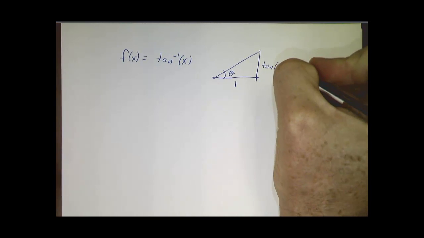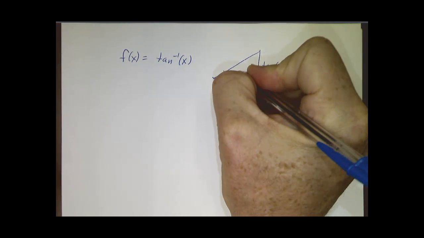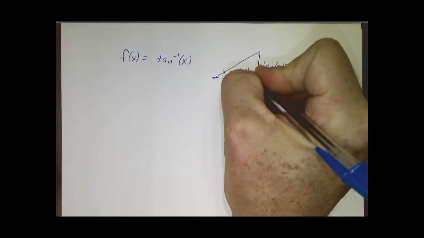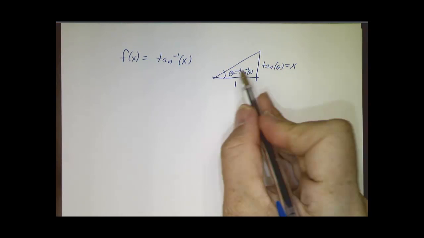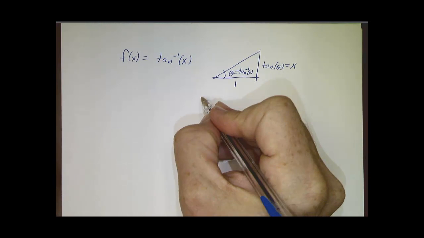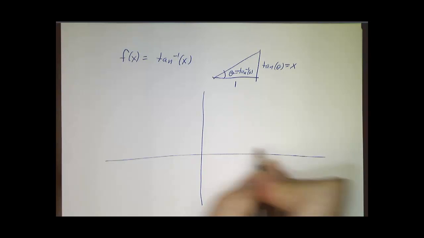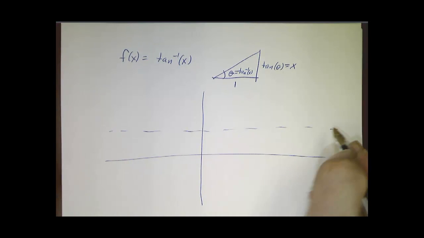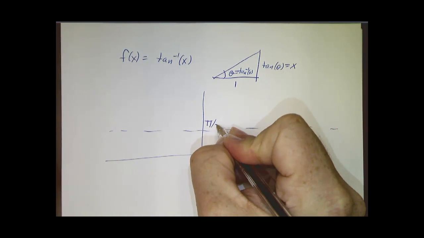So if we call this x, this is the arctangent of x. The bigger we make x, the closer the arctangent gets to 90 degrees. We usually use radians, so we have it at pi over 2.